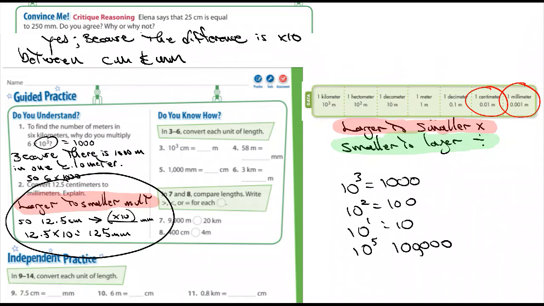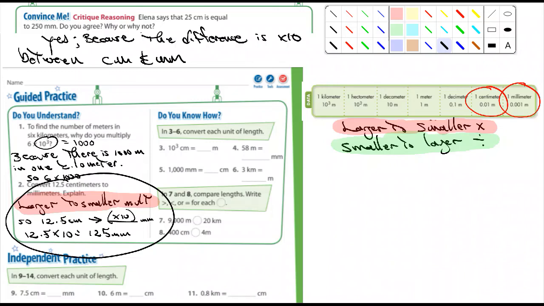Anyways, so 10 to the third centimeters equals how many meters? We're going from centimeters to meters. Are we going from smaller to larger? Which is larger, a centimeter or a meter?